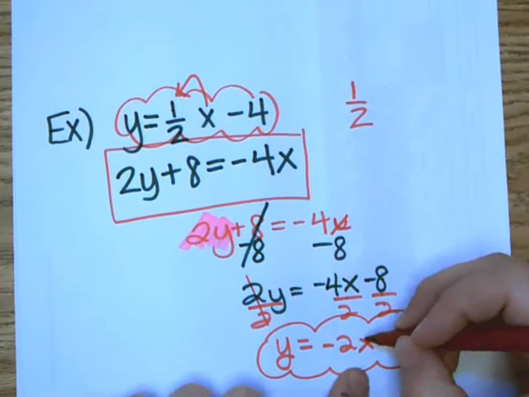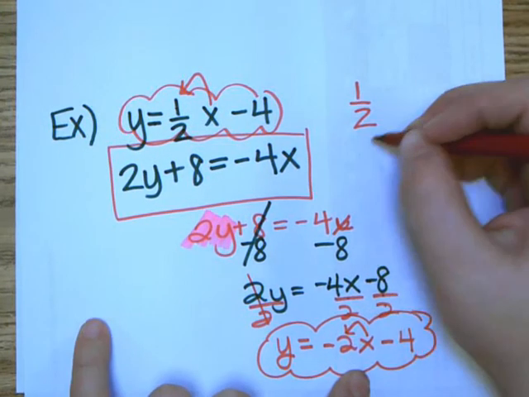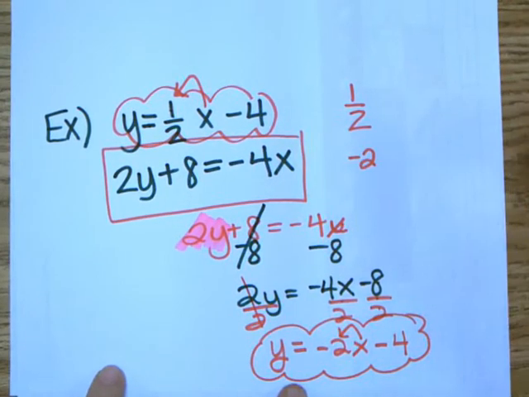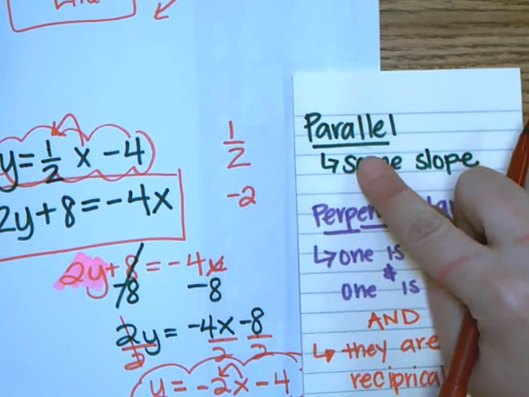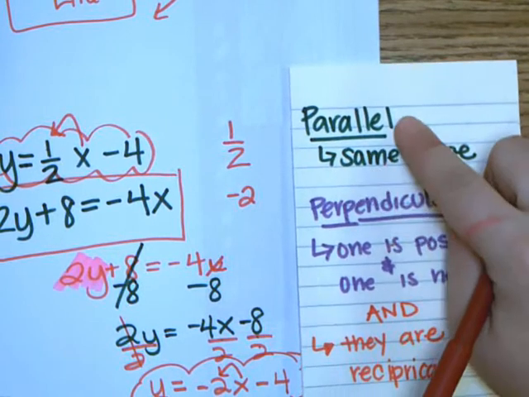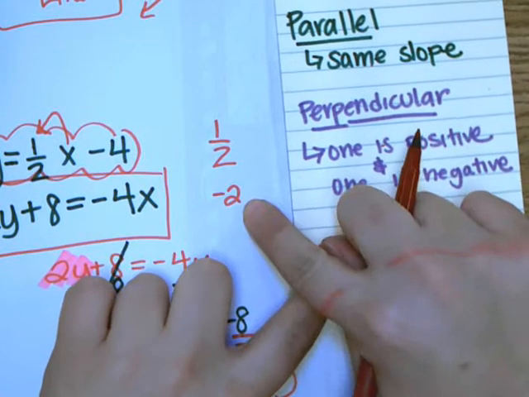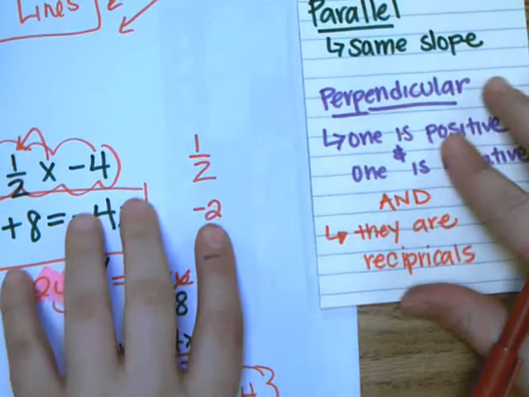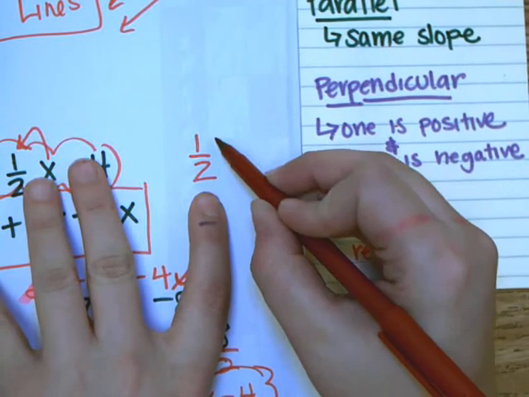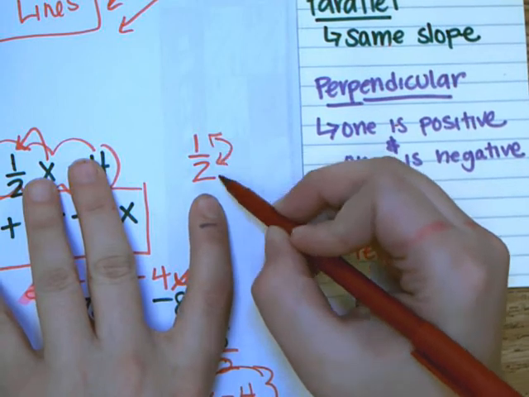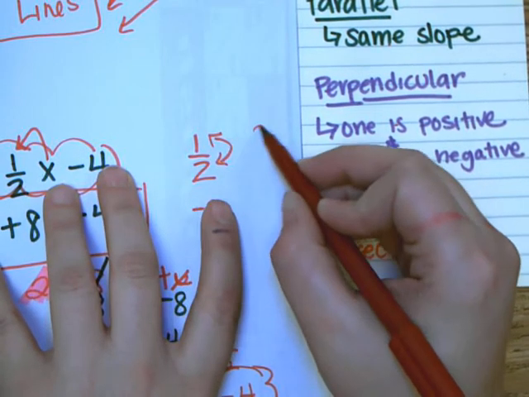So now we have this equation and this equation. So this slope is 1/2, and the slope here, now that the y is by itself, is -2. So they're not the same, so they're not parallel. One is positive, one is negative, and are they reciprocals?